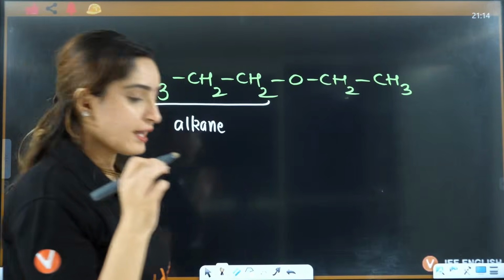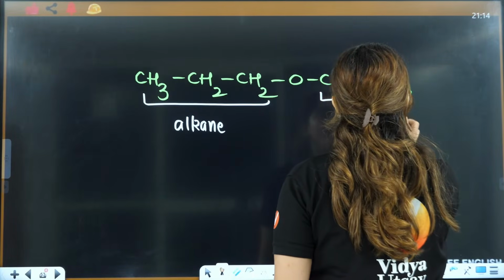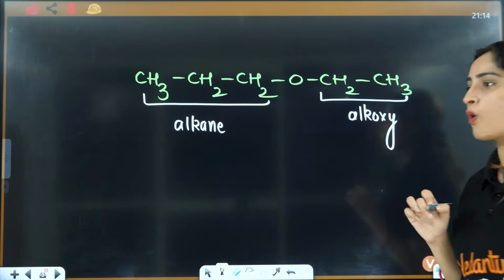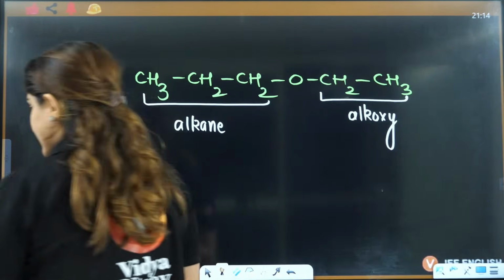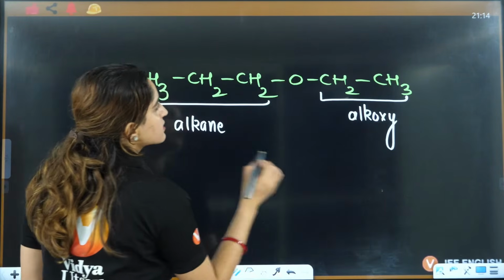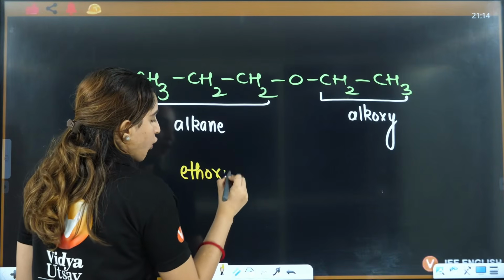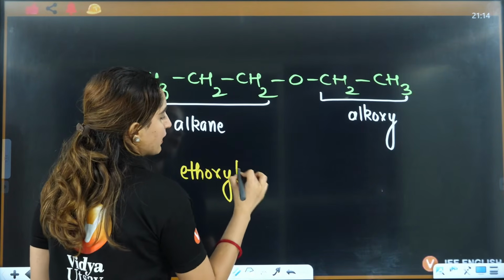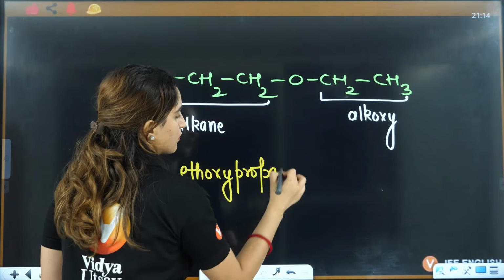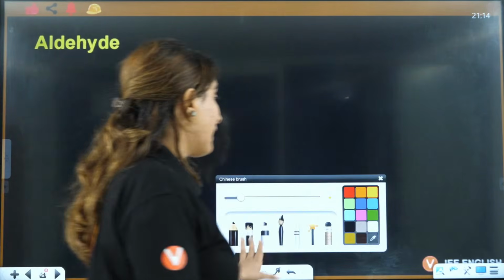The one with fewer carbons will be alkoxy. So what you will write? Alkoxy alkane. So the answer will be ethoxypropane. Right?